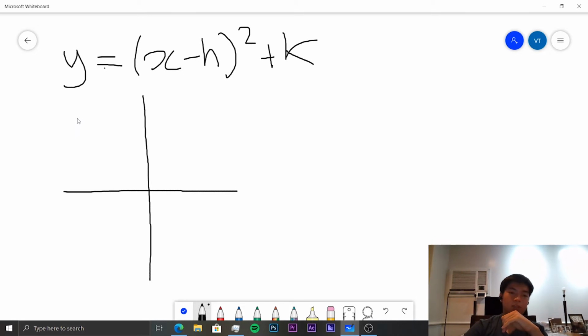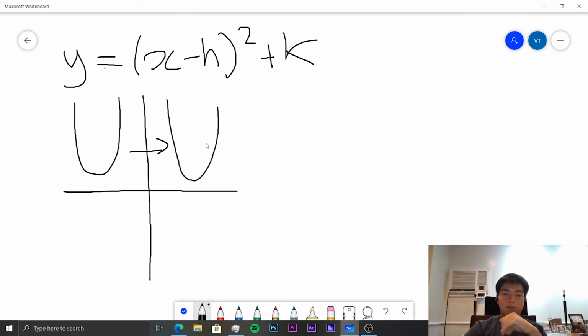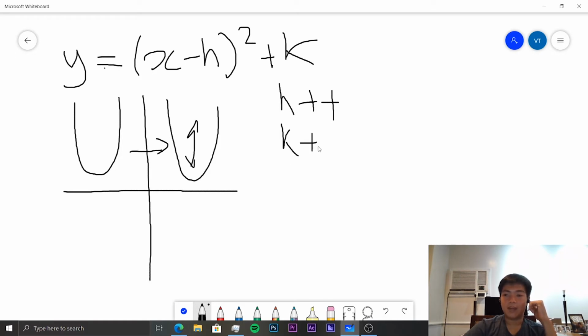If we translate a function horizontally, this is equivalent to adding to the h value. And if we want to move it vertically, up and down, we change the k value.